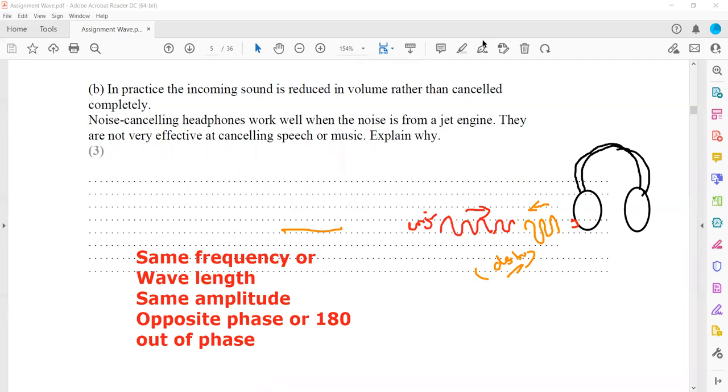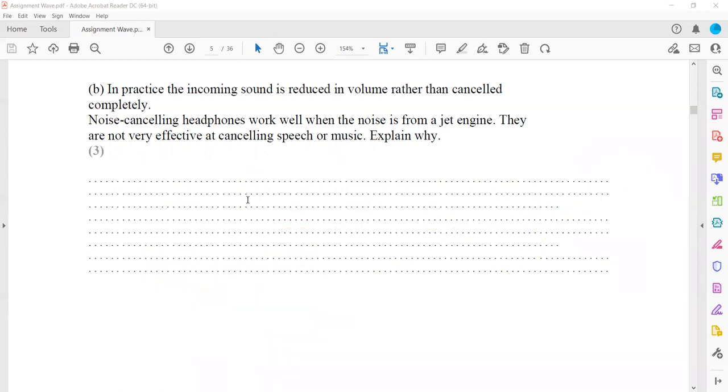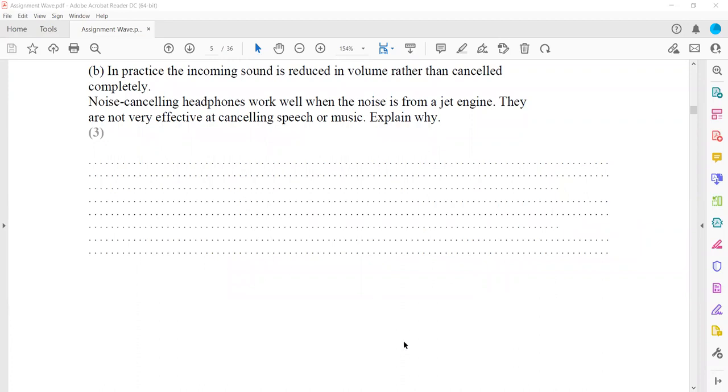The reason is that the sound coming out from the engine has a constant frequency, but human speech does not have a constant frequency, a constant pitch, we can also say. So speech or sound waves or frequency will change for a human.